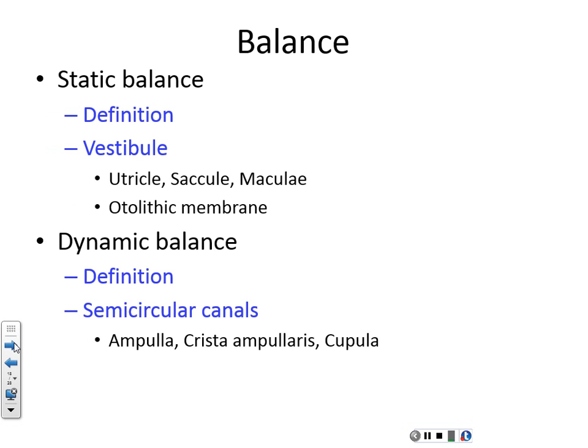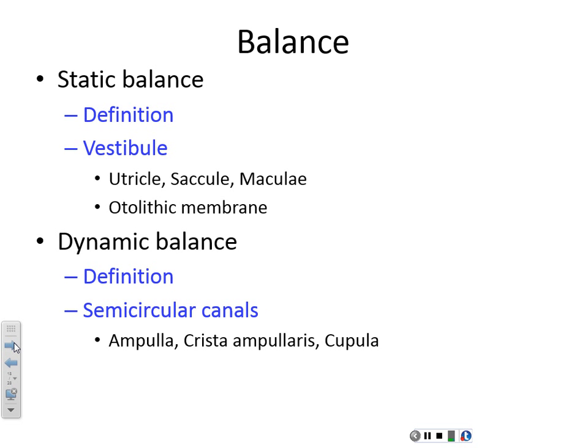The two we need to know about are static equilibrium, which is sensing the position of the head due to gravity, and then linear acceleration and deceleration. It's part of the vestibule, so it's got the utricle, with hairs parallel to the base of the head, and the saccule, which has vertical hairs in relation to the base of the skull.